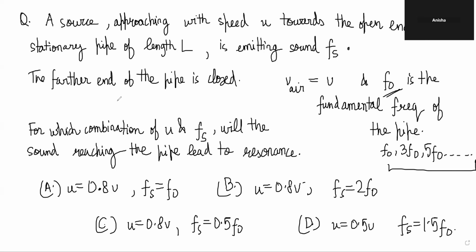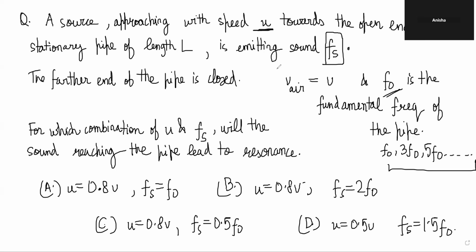Now there is some Doppler effect happening. So Fs was the emitted frequency, u is the speed at which it is approaching. So what is the frequency that appears to the pipe?